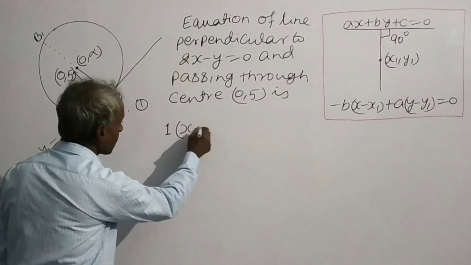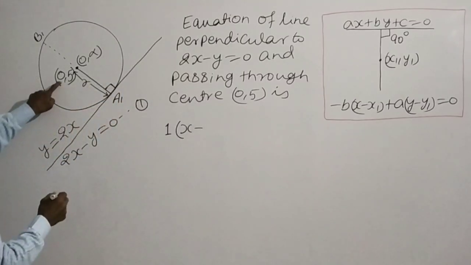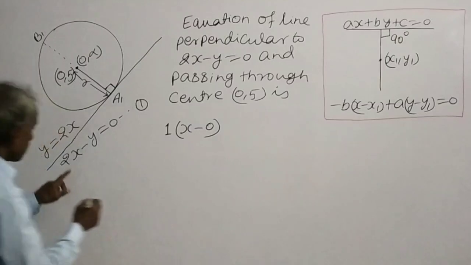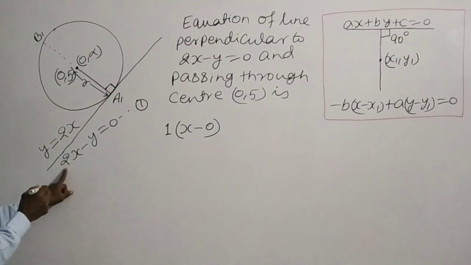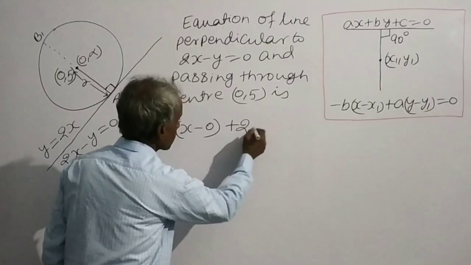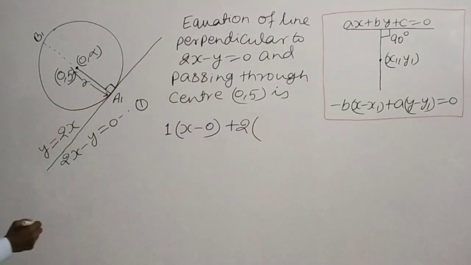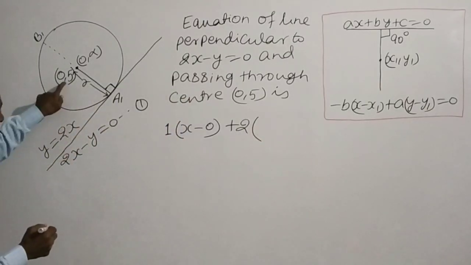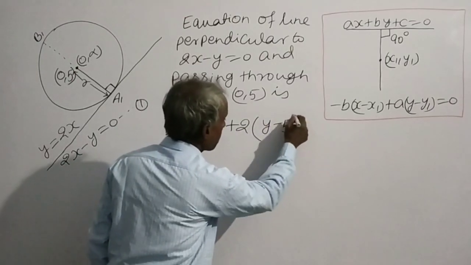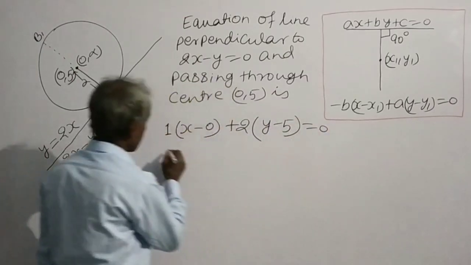Then we write x minus the x coordinate of this point. Then we write the coefficient of x with the same sign, plus 2. Then we write y minus the y coordinate of this point, y minus 5 is equal to 0.